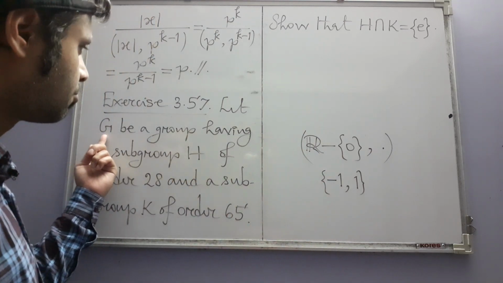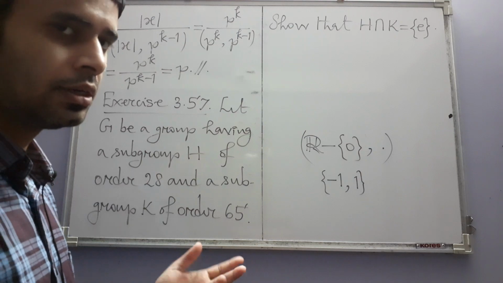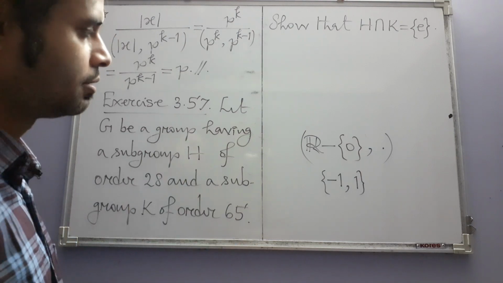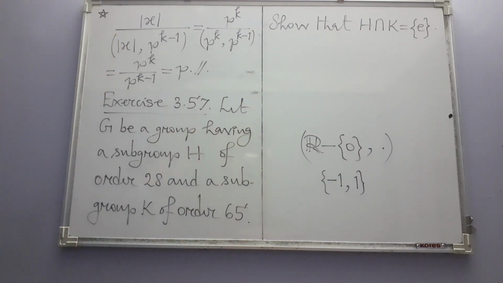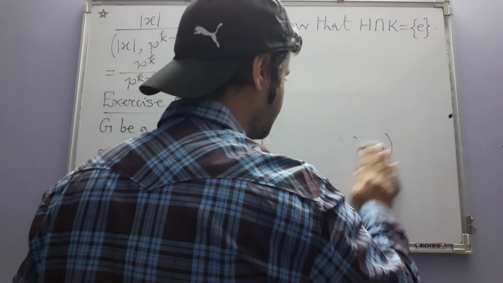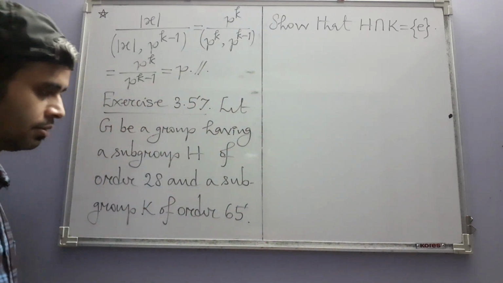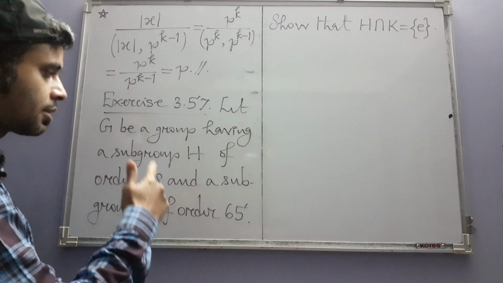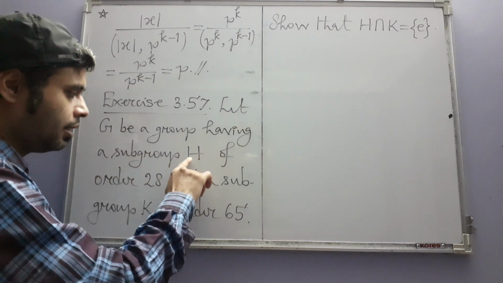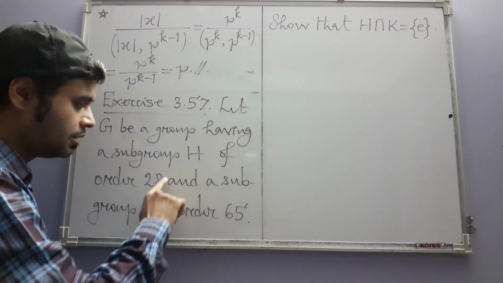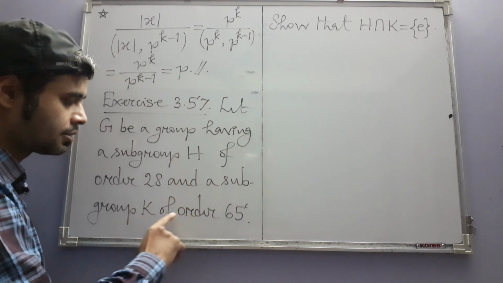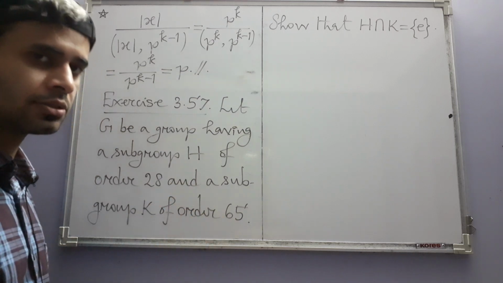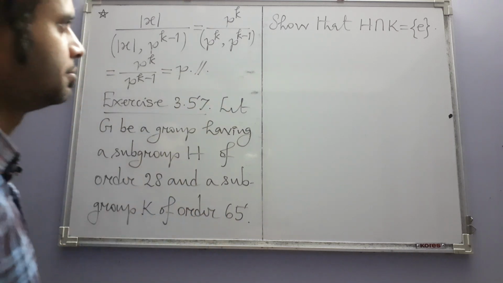So we don't really know whether G is finite or infinite, and it does not really matter. We just have to show that these subgroups are finite. H is a finite subgroup having 28 elements, K is a finite subgroup having 65 elements. They intersect trivially.